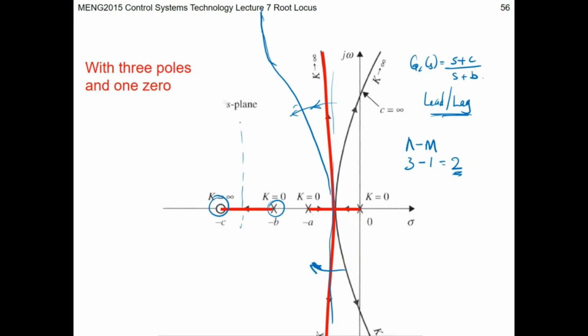So the asymptotes are still at plus or minus 90. Right? That's the asymptote there.